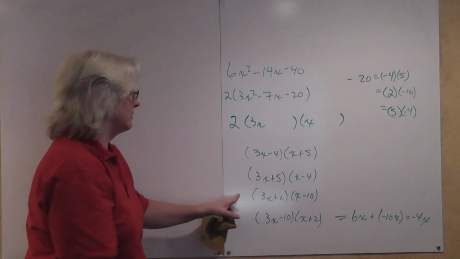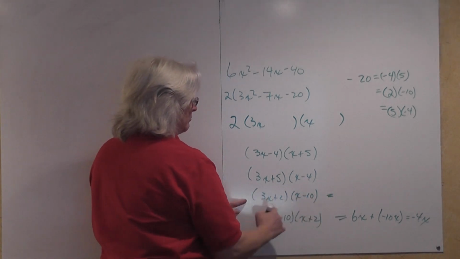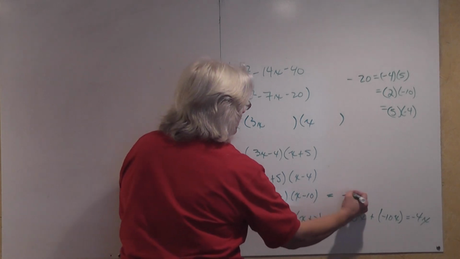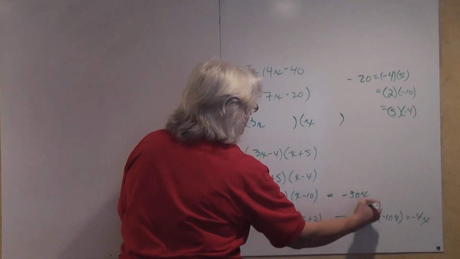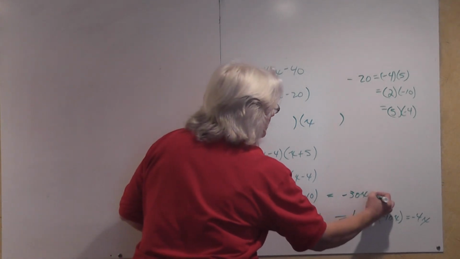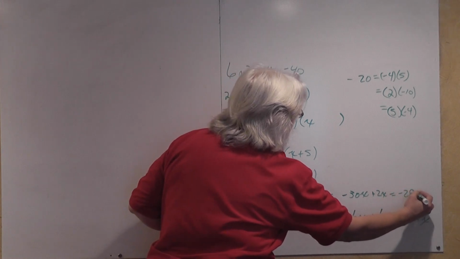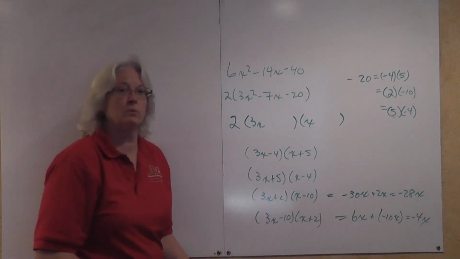What do we have here? Our outer product, 3x times the negative 10, negative 30x. This is not looking good, is it? Inner product, 2 times x, plus 2x. Their sum is negative 28x. Okay, we're getting worse.